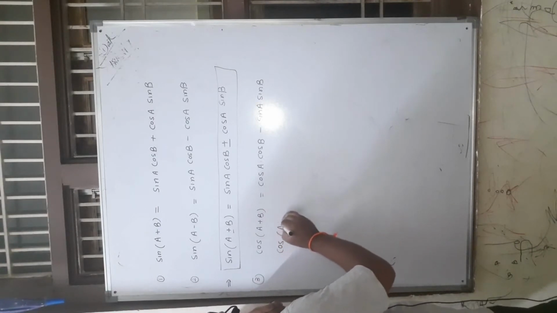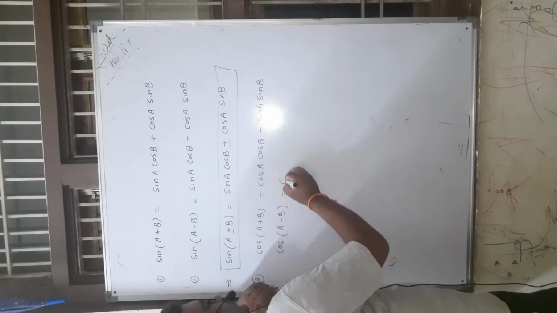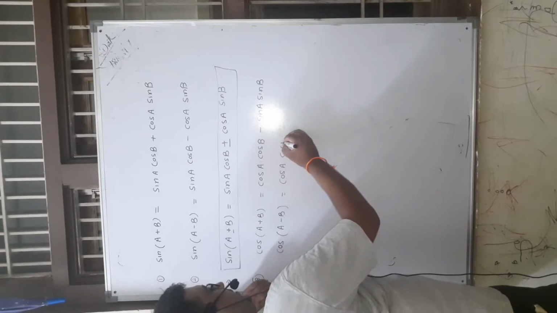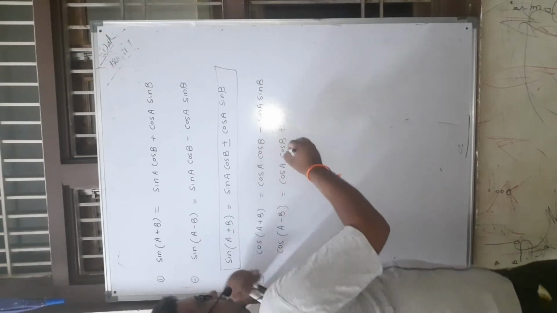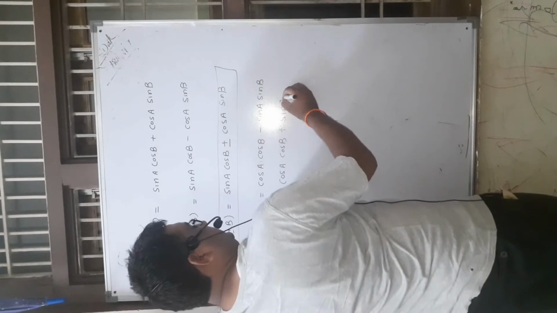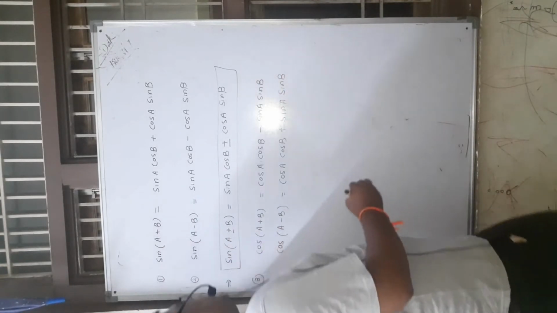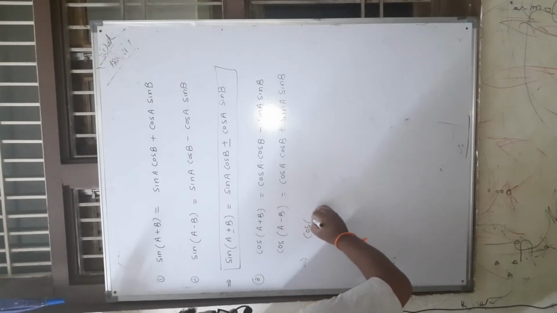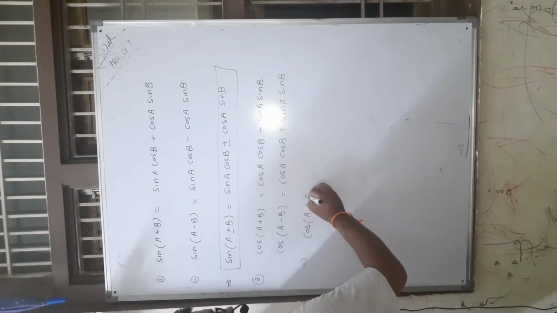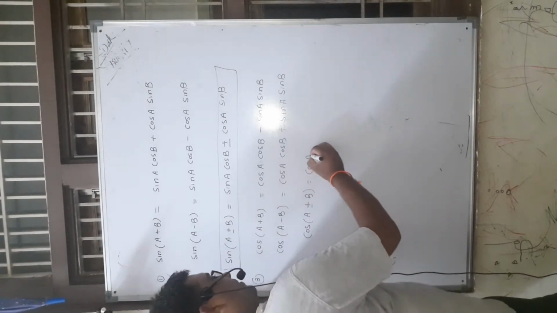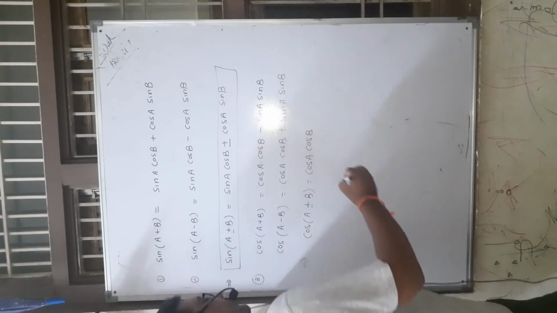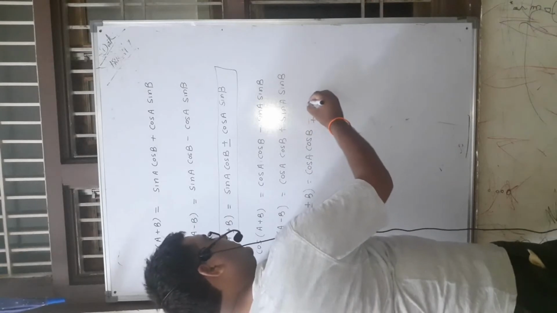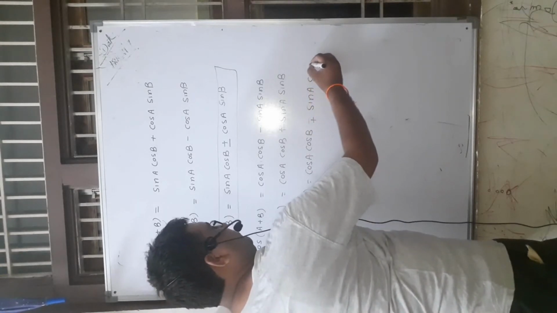Similarly, cos(A minus B) equals cos A cos B, here plus, sin A sin B. So these two formulas are combinedly written as cos(A plus-minus B) equals cos A cos B minus-plus sin A sin B, just opposite signs.